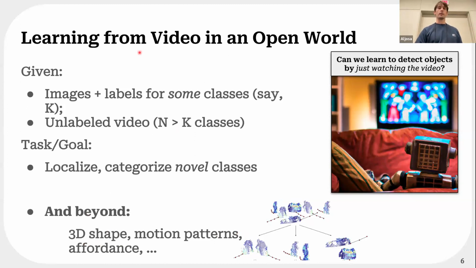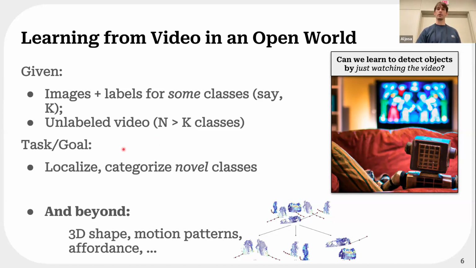So overall, we can set up this problem of learning from video in the open world as follows. We're going to assume that we can collect image-level labels for objects that are frequently observed, right? Those we are going to see often, and we can definitely label them. And then we are also going to have lots of unlabeled video that we are going to use.